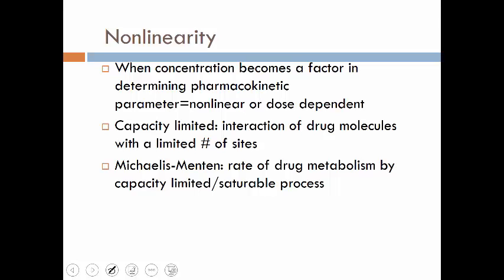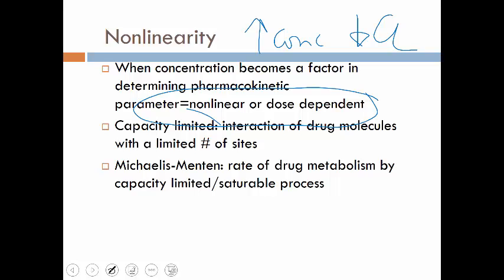And therefore, as concentration increases, clearance decreases. And that ends up being a loop, doesn't it? So this is called nonlinear or dose dependent. It is also sometimes called capacity limited because we are overwhelming that capacity of liver enzymes to metabolize the drug.